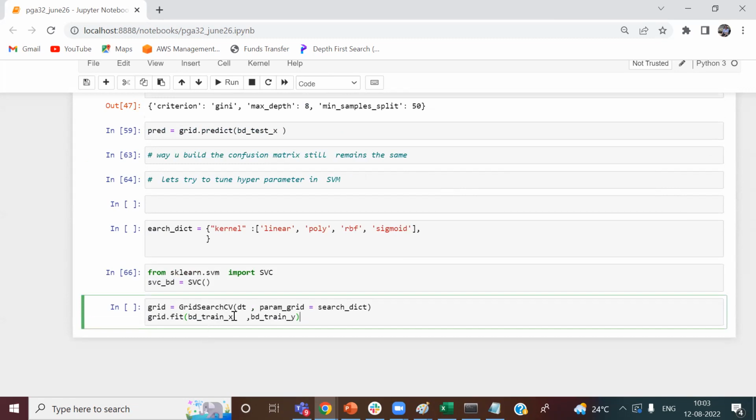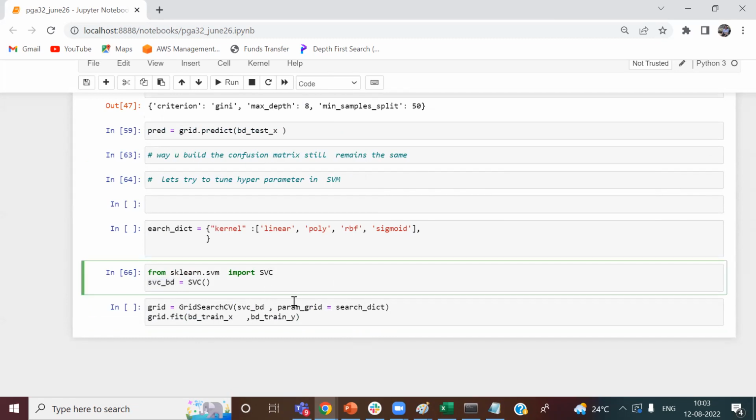Then I'm saying grid search, grid equal to, I will say SVC, and param grid equal to search grid, and I think this should work.